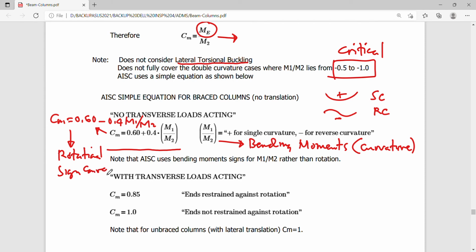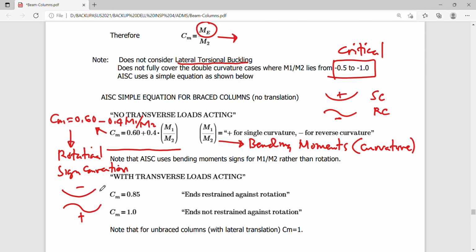You might be confused. Other books have transformed this because they are using rotational sign convention maybe based on their analysis, especially when they do programs. Okay, so what happens here is that your single curvature is negative and your double curvature is positive.